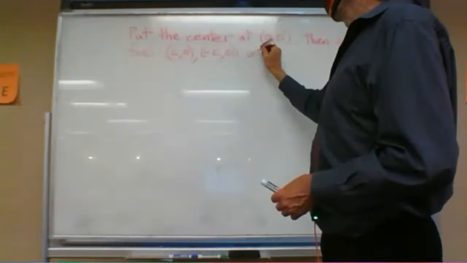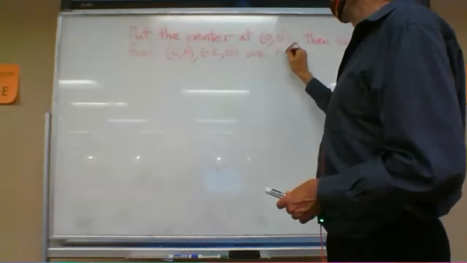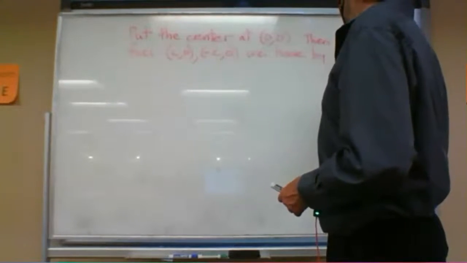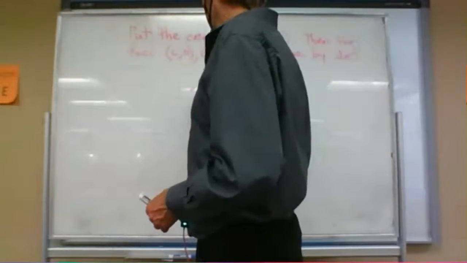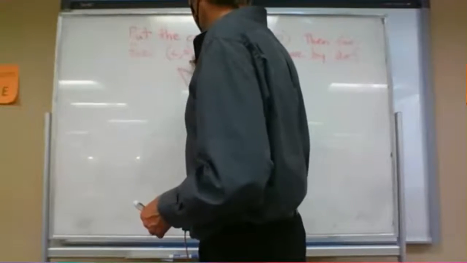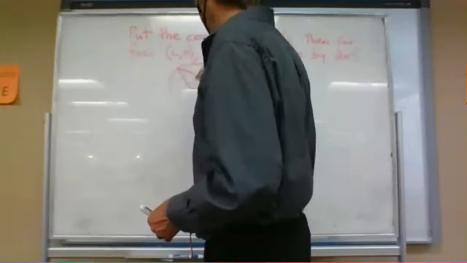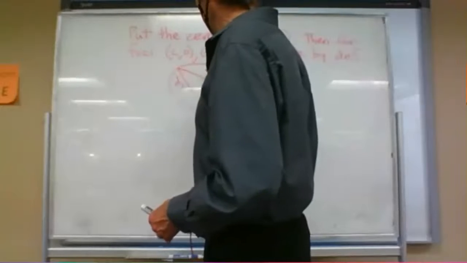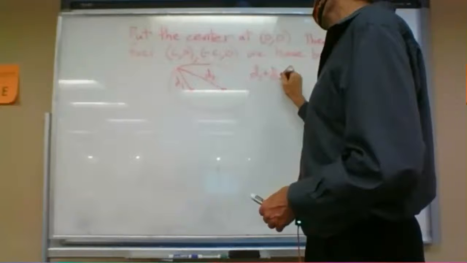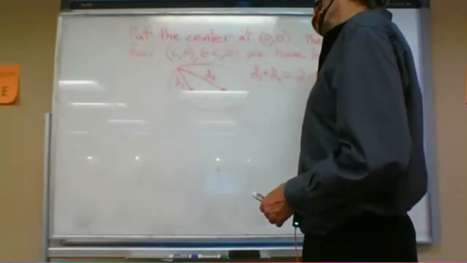The foci are part of the definition. I guess I should draw it. The ellipse is this oval shape like we had, and this distance d1 and this distance d2 have d1 plus d2 equals the given number 2a. Well, what's d1?